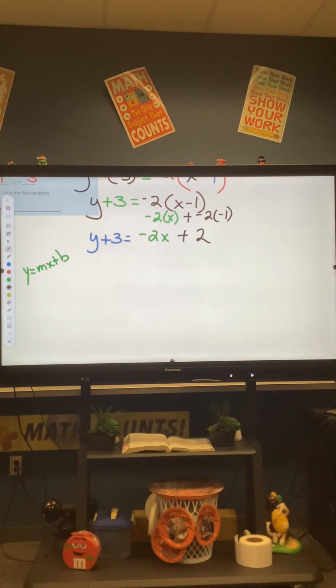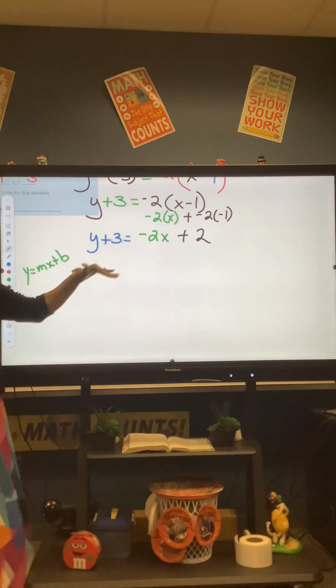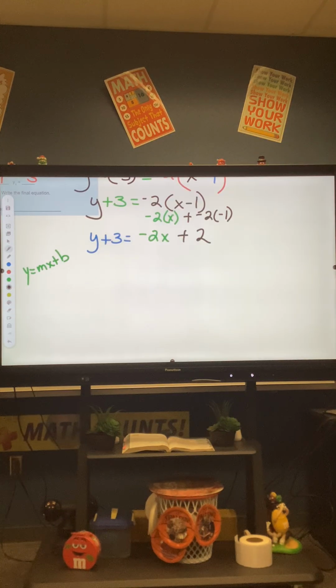There's only two things with y and 3. So which one needs to be moved? On this step right here, which one needs to be moved? The 3. How do we move the 3? Subtract the 3. What do I subtract the 3 from on the other side?